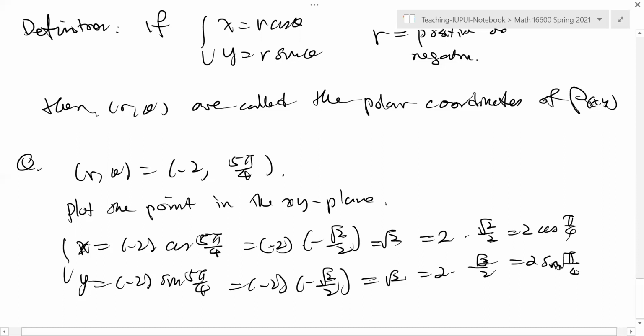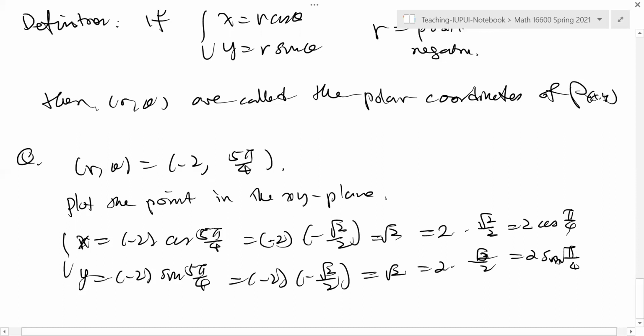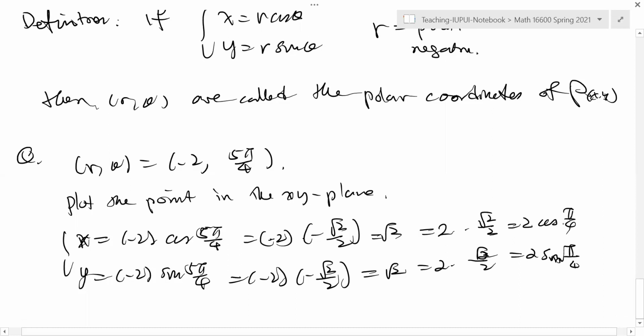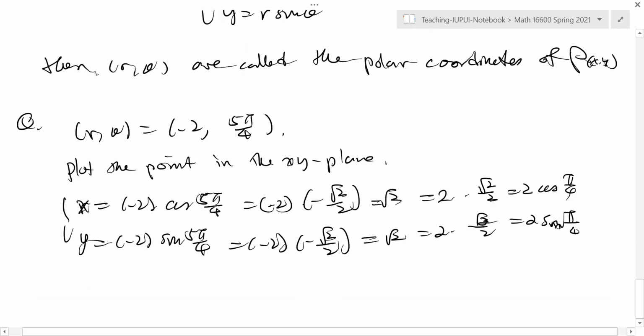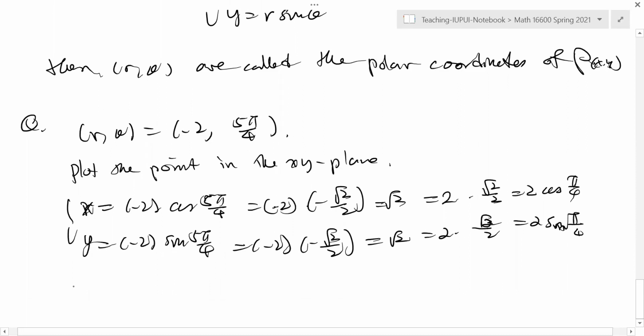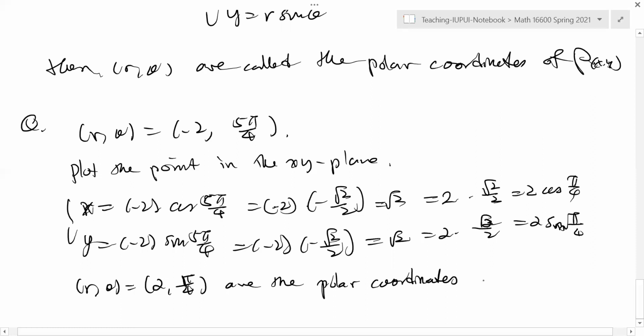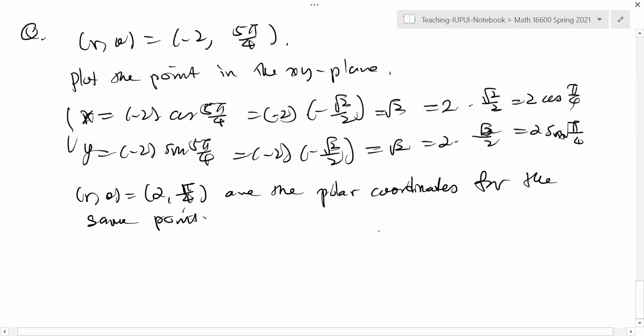So clearly from this picture, you can also see that R equals 2 and theta equals pi over 4 are also coordinates for the same point. So R, theta equals 2, pi over 4 is a polar coordinate for the same point P. So it's easy to draw it.